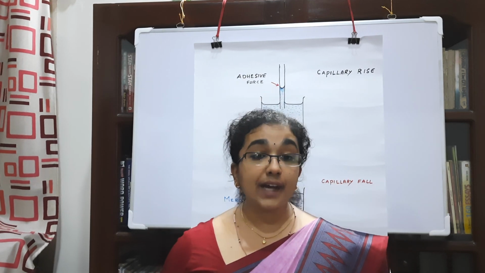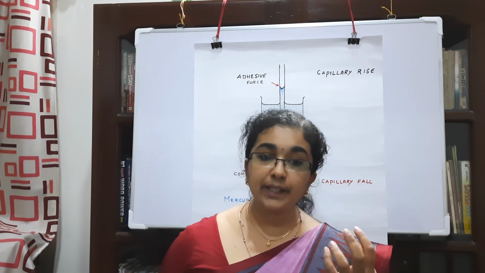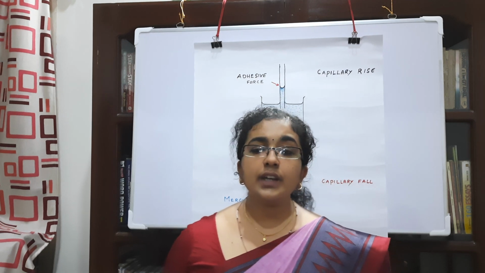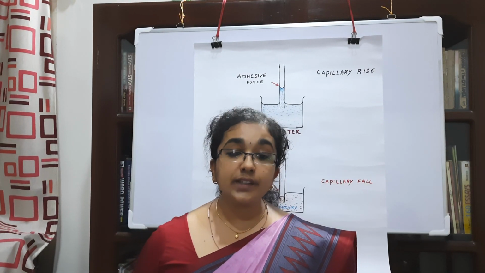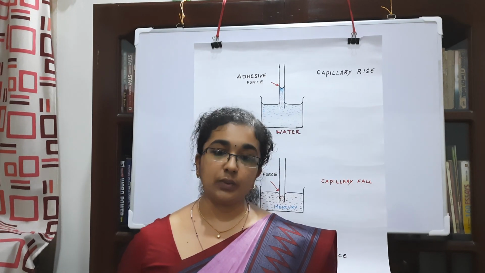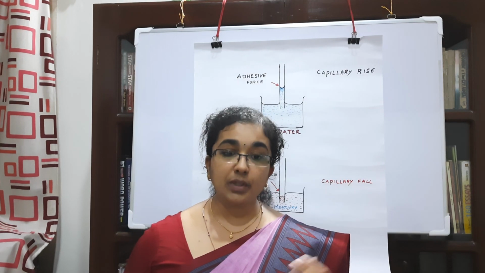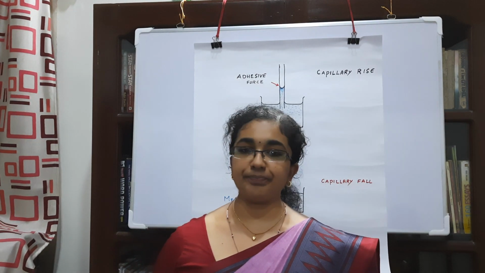When the diameter of the tube decreases, the weight of the liquid it can contain also decreases. The adhesive force with the tube is greater than the cohesive force of the liquid. So the liquid is able to rise. Capillary rise increases with a decrease in diameter.